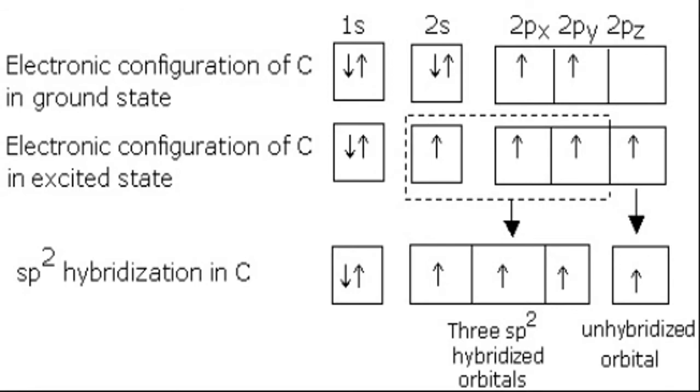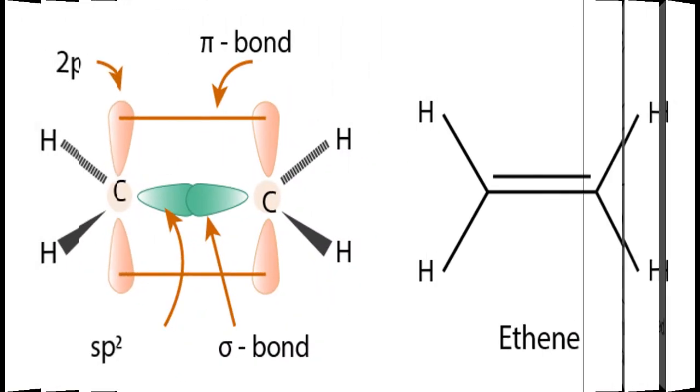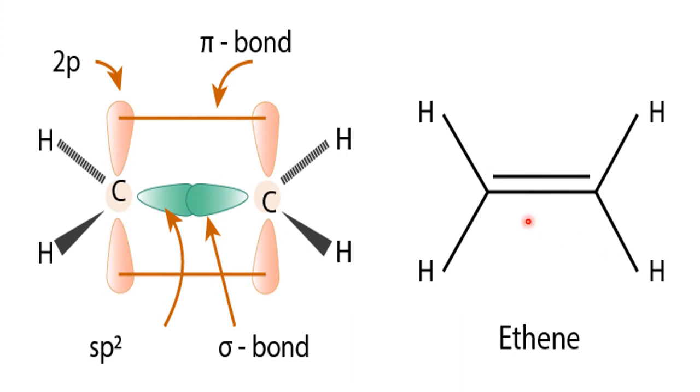Let us see the structure part. This is sp2, right? 1 H here, 1 H here, and this is the unhybridized orbital. So 2 electrons of the carbon will share with 2 hydrogens.